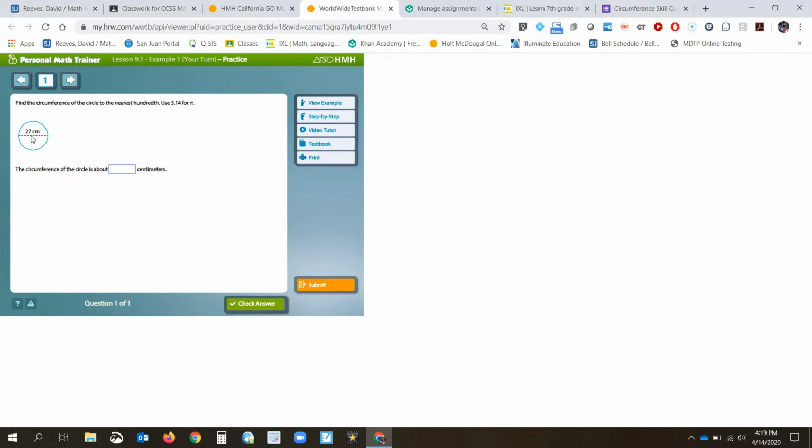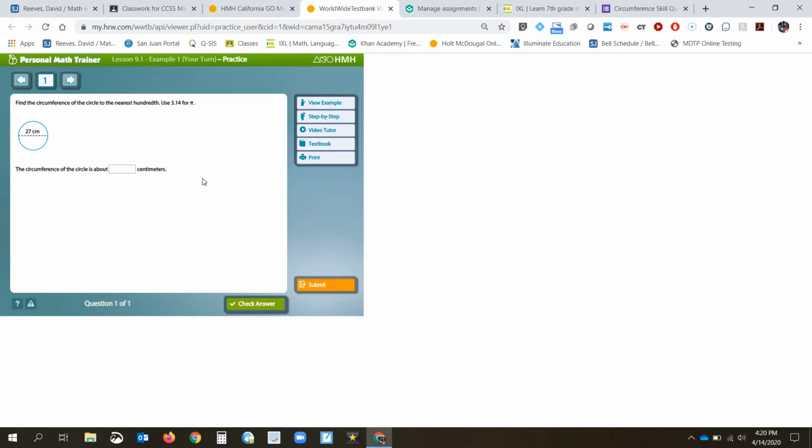Every student who pulls one up is going to get a different diameter, but they'll all give a diameter. They'll all ask about the circumference. And again, the video I created goes through all of these more in depth, but see that they can view an example. They can go step by step through the problem. If there's a video that goes with it, they can watch the video. And if they wanted to get out again to the textbook, they can do that.